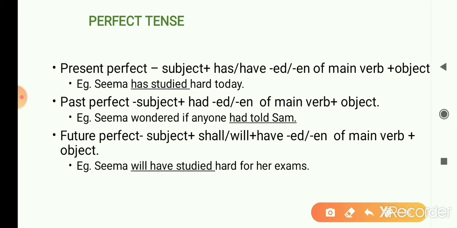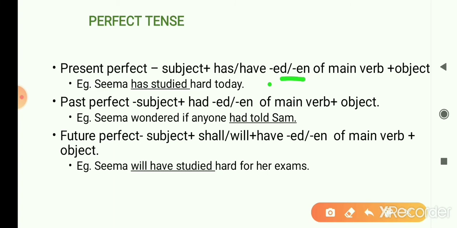In the previous one we saw ing in continuous. Now in perfect we use ed or en of the main verb plus object. So it will be Seema has studied hard today. Previously I used ing, so studying, but here it will be Seema has studied hard today.